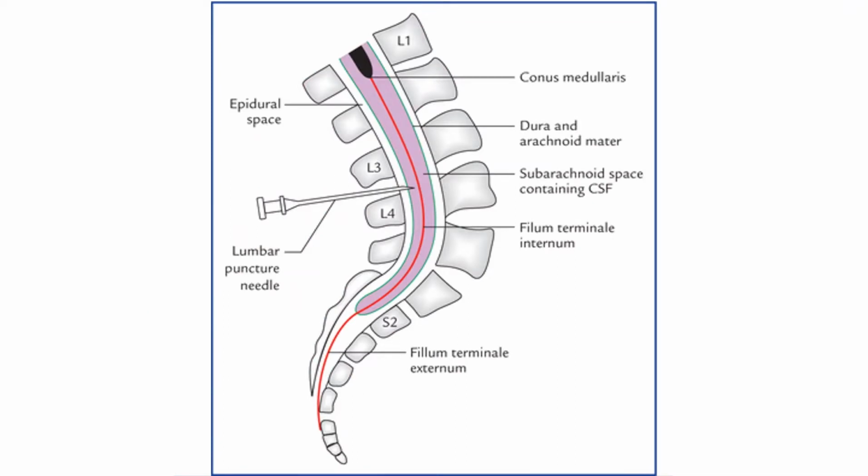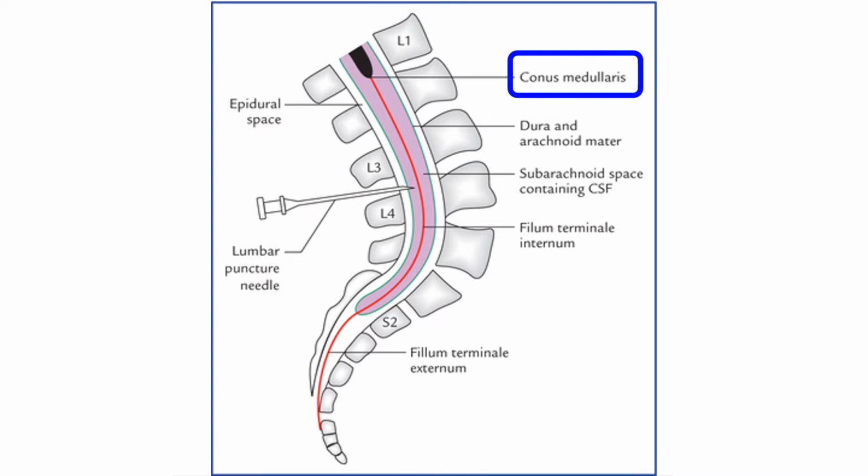The spinal cord is a continuation of the medulla oblongata. That's the beginning point. What about the end point? The end point is what is called the conus medullaris.